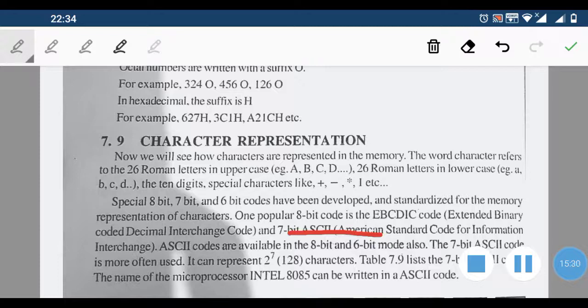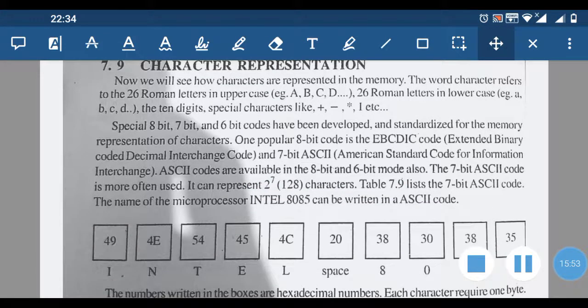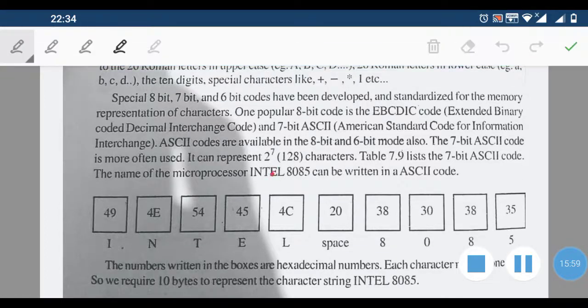Another is the 7-bit ASCII code. ASCII means American Standard Code for Information Interchange. ASCII codes are also available in 8-bit and 6-bit modes, but the 7-bit ASCII code is more often used. With 7 bits it can represent up to 2 raised to 7 characters, that is 128 characters.